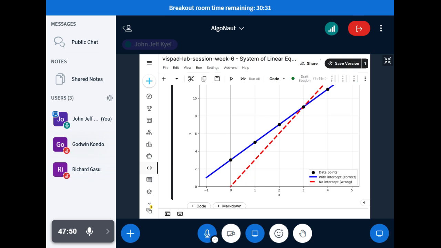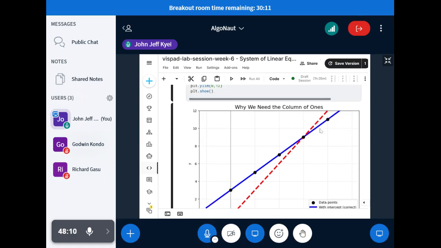Right. So we can find the best linear approximation to a set of points, and this is illustrating how linear regression is just solving a linear system. You're trying to link the geometry, the algebra, and the data fitting.